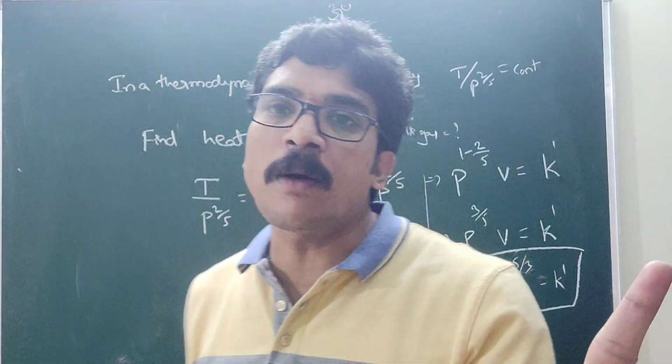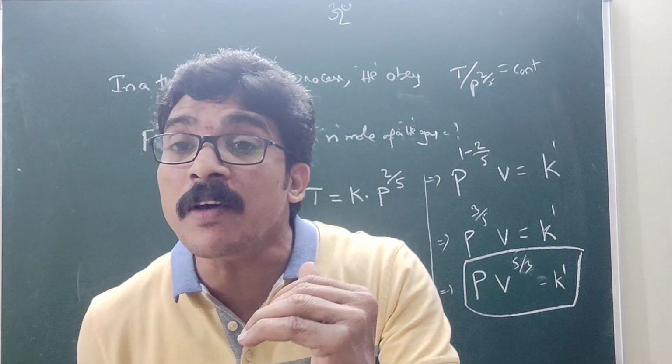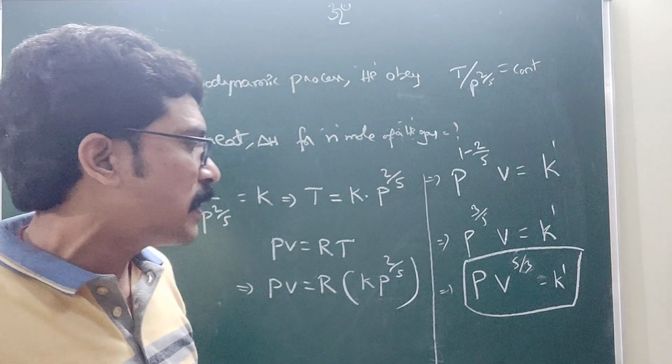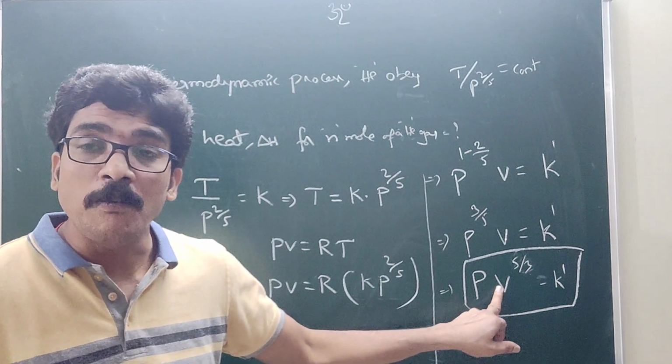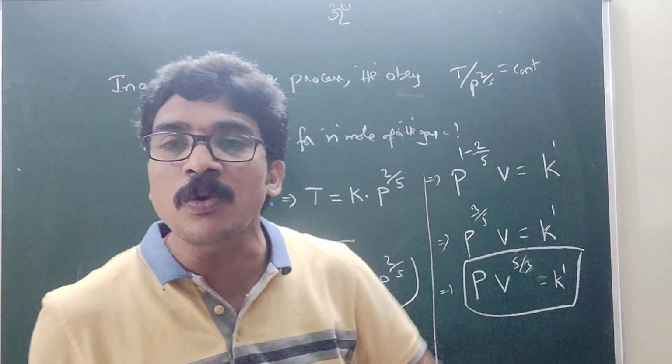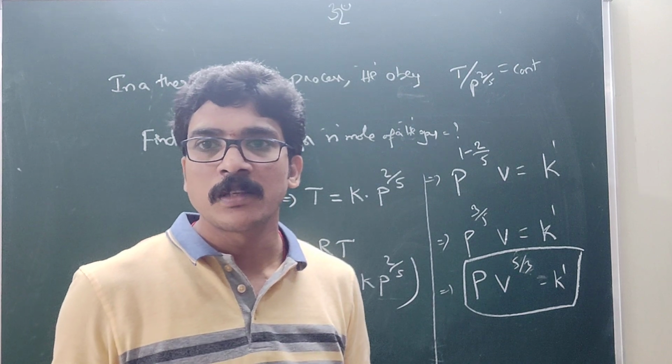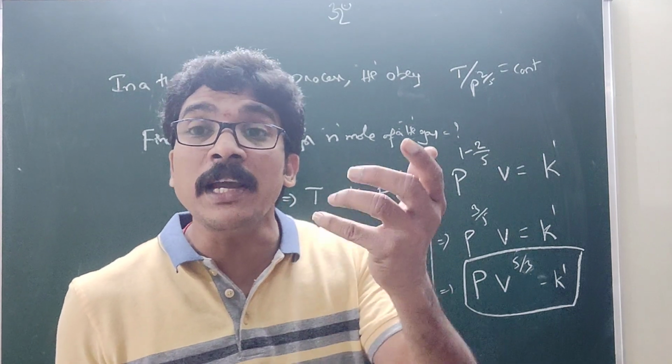This is in the form of PV power gamma is equal to constant.